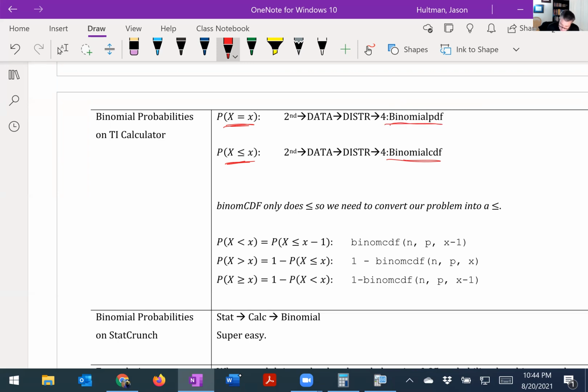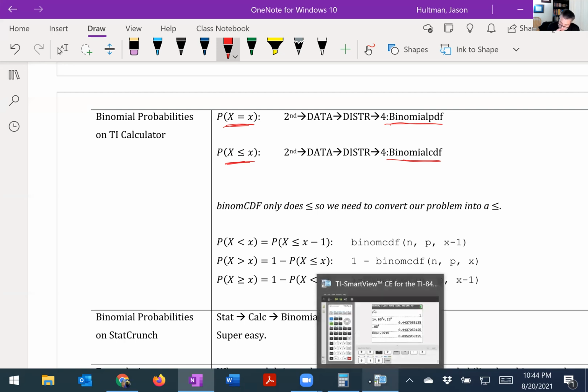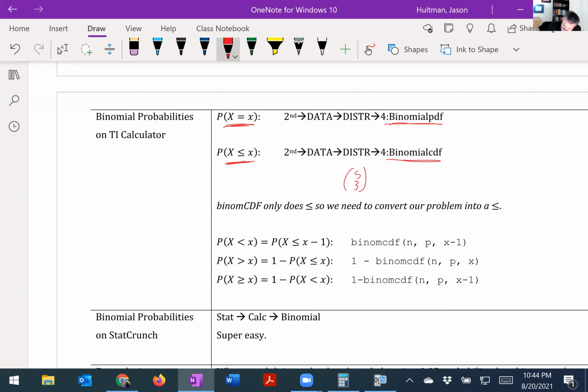Okay, so let's do our previous example. Let's just do the 5 choose 3 from before. Remember, 5 choose 3, and then it was 0.85 to the third, and then 0.15 to the second, right? So let's have the calculator do this for us.